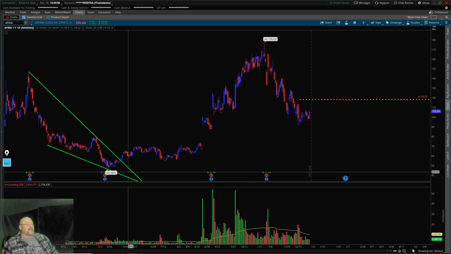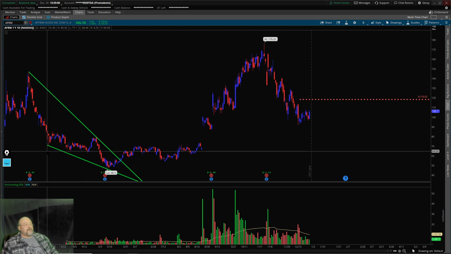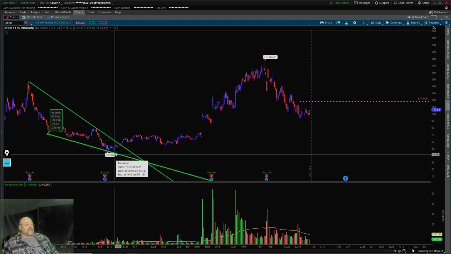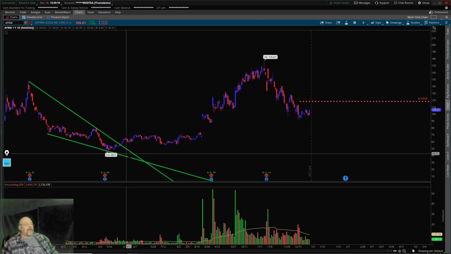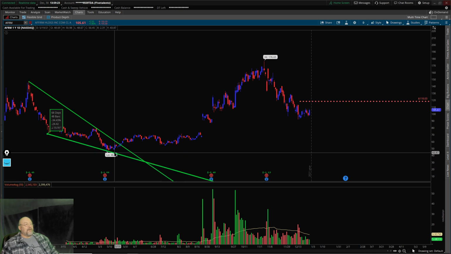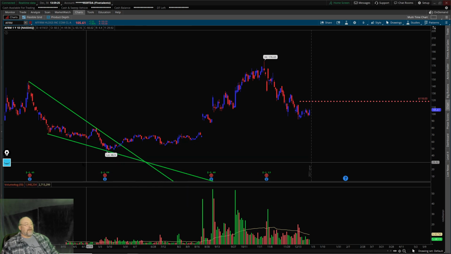We have a downward wedge, okay? What does a downward wedge mean? Usually the price action goes away from the way the arrow is pointing. The point is pointing down, we come up, okay? So that is what they call a descending wedge or a bullish wedge.